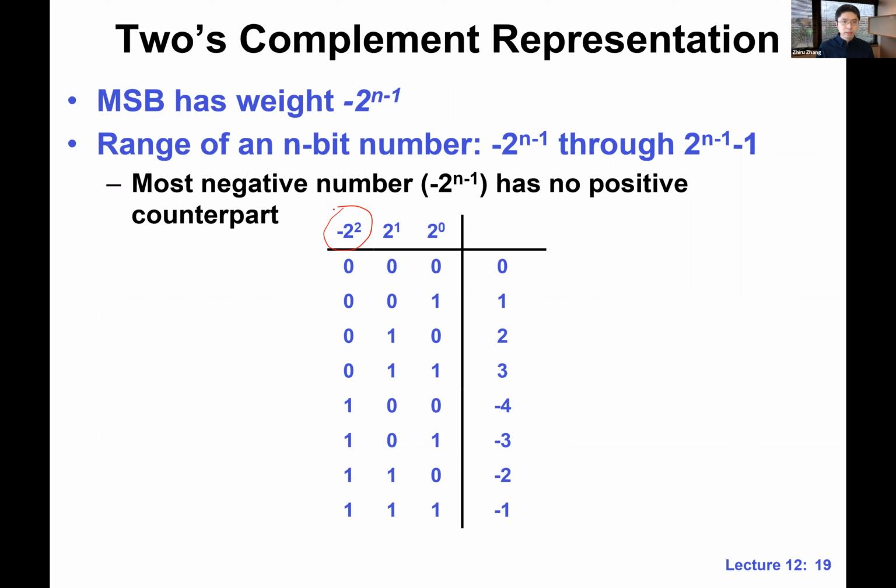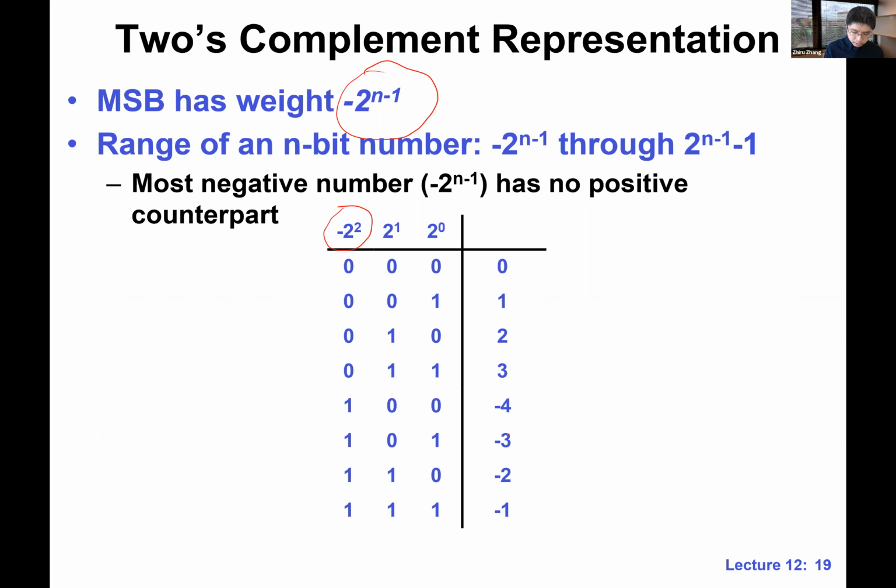In this case, we have 3 bits, so we assign the MSB a weight of -2 to the 2, which is -4. In general, for an n-bit system, the MSB carries the weight of -2 to the n-1. Let's verify the math.